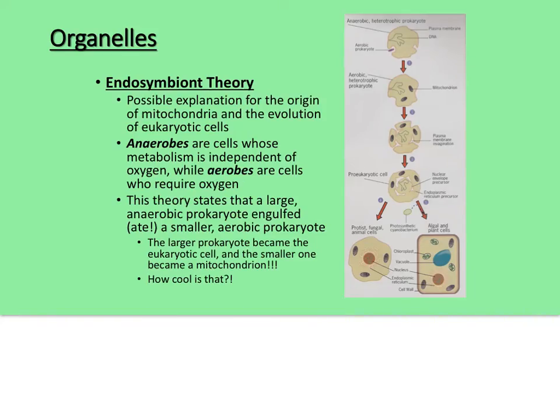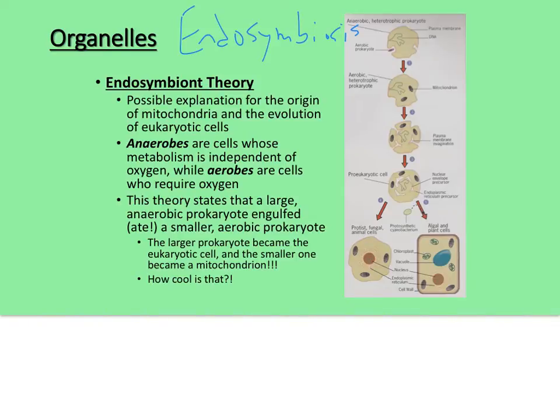Now, that theory is referred to as the endosymbiont theory, or sometimes the theory of endosymbiosis, is the other way you see this phrased. Now, this is a possible explanation for how eukaryotic cells evolved.